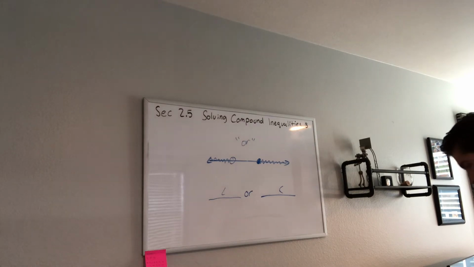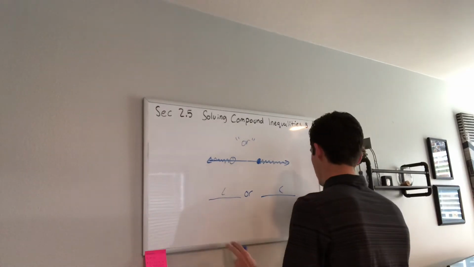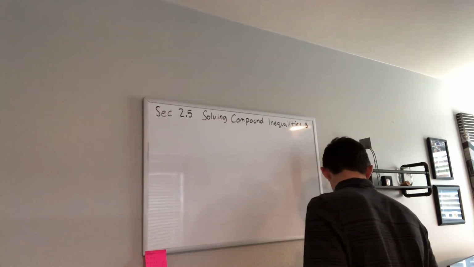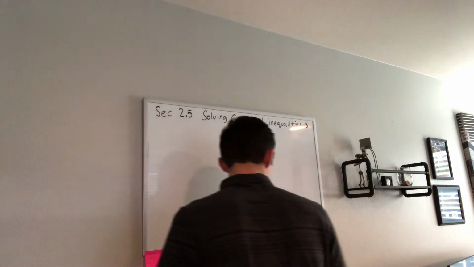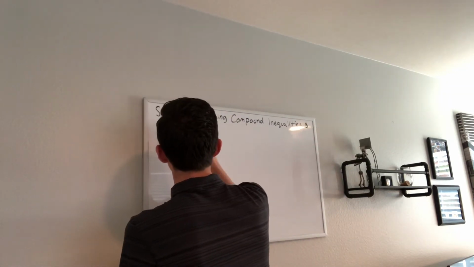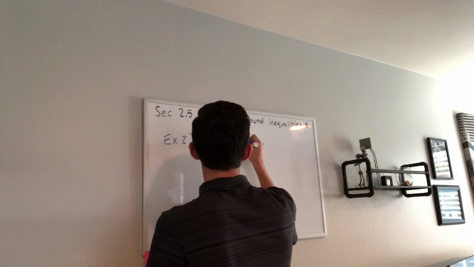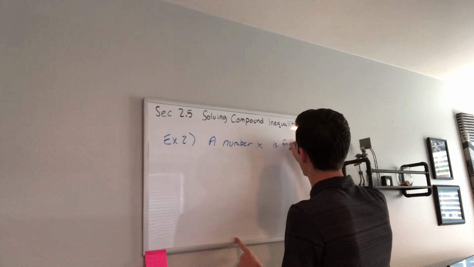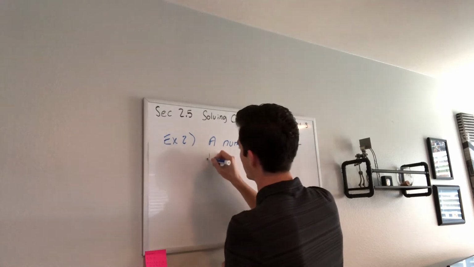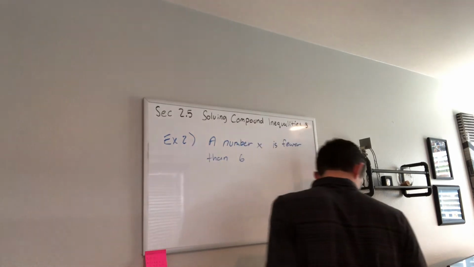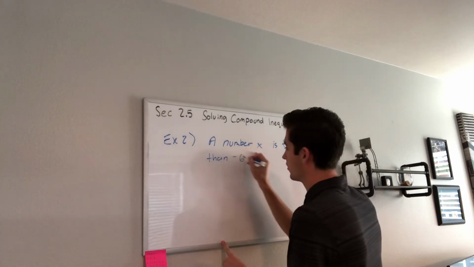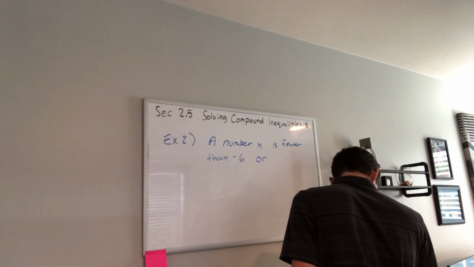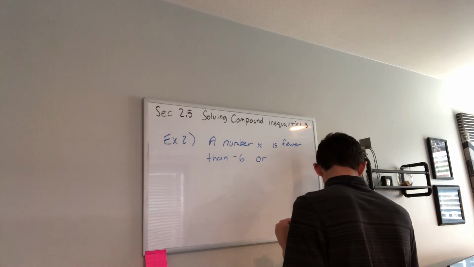So let's go with example number 2. A number x is fewer than negative 6, or no less than negative 3.